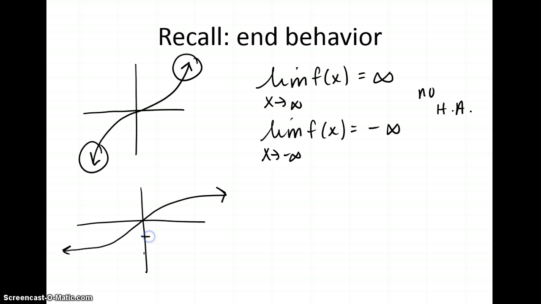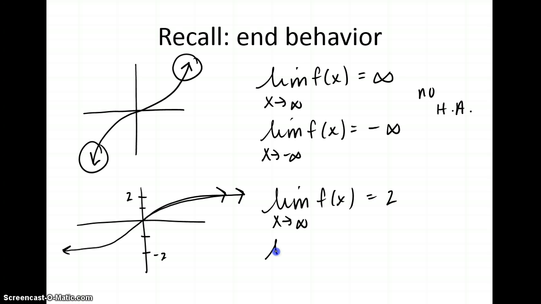So, let me draw something that looks like this. Now when I ask you for the end behavior of this function, as x gets infinitely larger, so as x gets bigger and bigger, the function appears to be leveling off at the line y equals 2. When I look as x gets infinitely smaller, what are the y values of the function doing? They're leveling off at y equals negative 2.